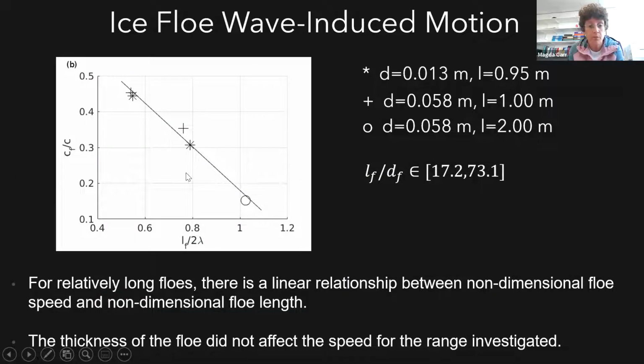We don't have a lot of observations, but the ones we do have collapse nicely onto this line. And it would look like for these relatively long floes, there is a linear relationship between the non-dimensional floe speed and the non-dimensional floe length. And the longer the floe, the slower it moved. The thickness of the floe did not appear to affect the wave speed for the range that we investigated.